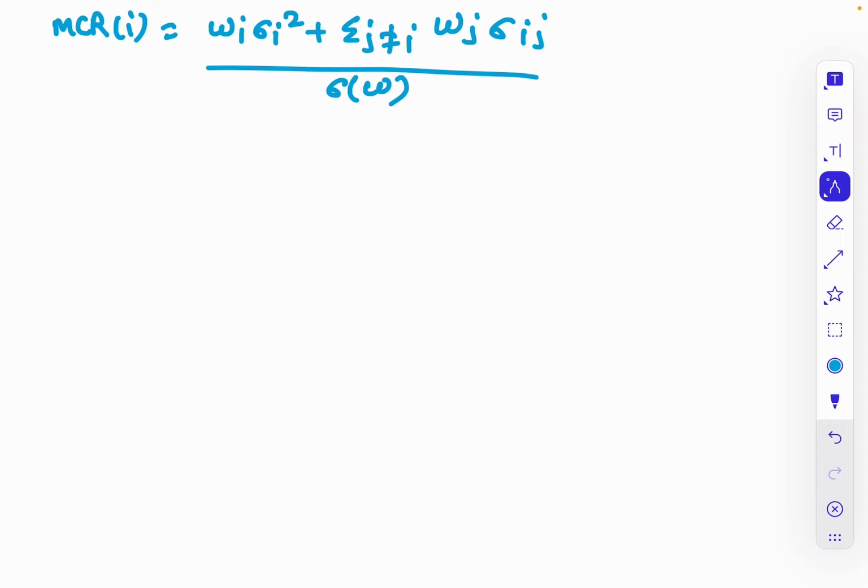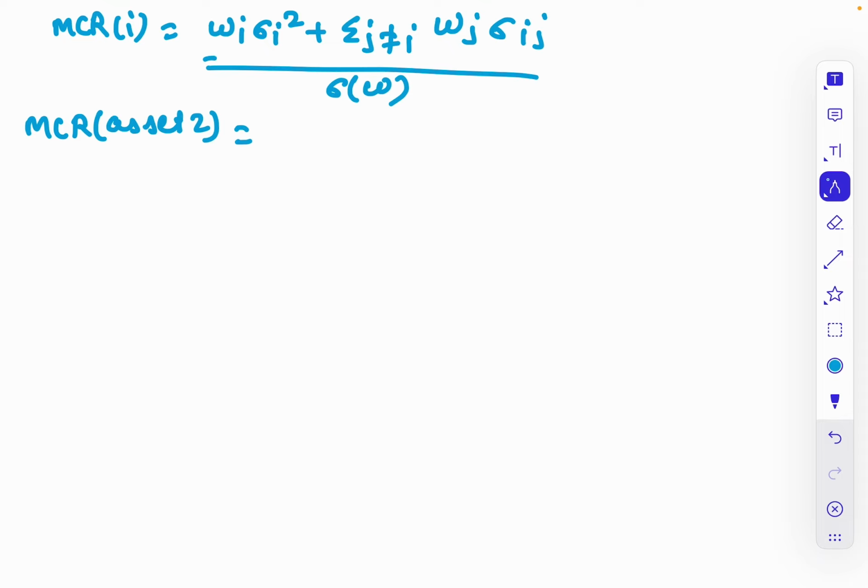Let us see, if there are three assets in the portfolio, how do we write MCR of asset 2? Since we are discussing the MCR of asset 2, i in this case will be 2.